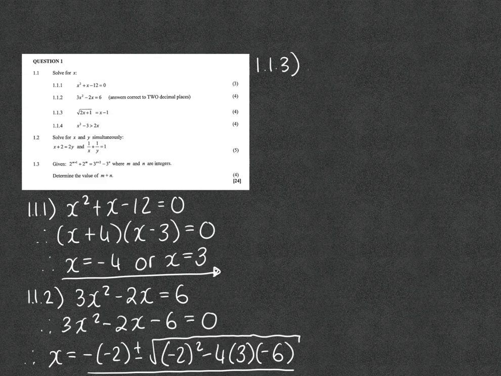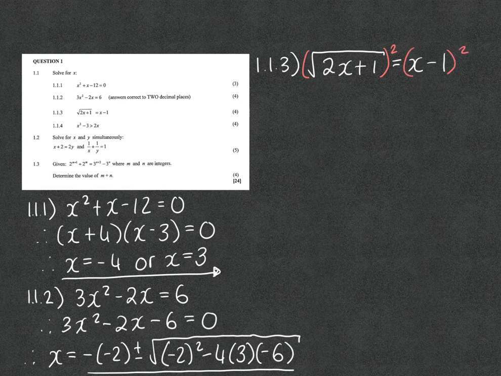We have the square root of 2x plus 1 equals x minus 1. This is a root equation, which means what do we do first? We first isolate our root on one side of the equals, which in this case it already is, and we square both sides.